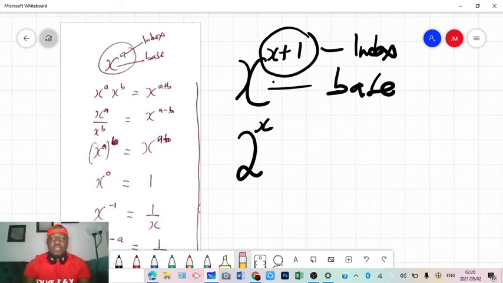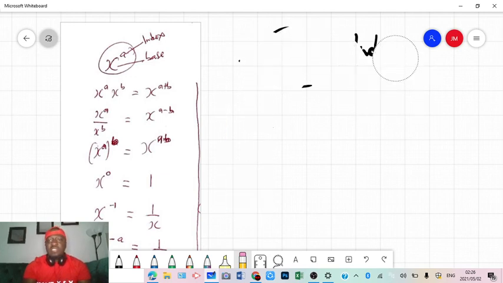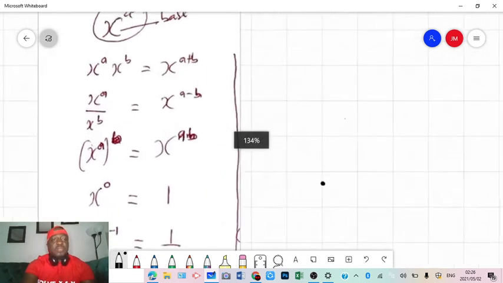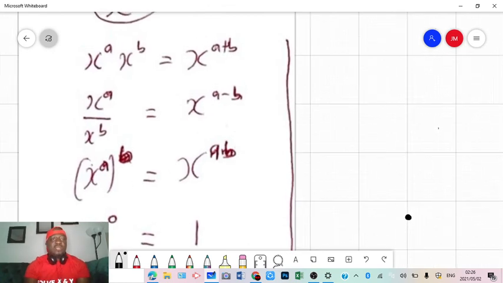So the laws that govern this exponent are what I've listed on the left side of my screen. I'm going to review them one by one before we get into solving questions.